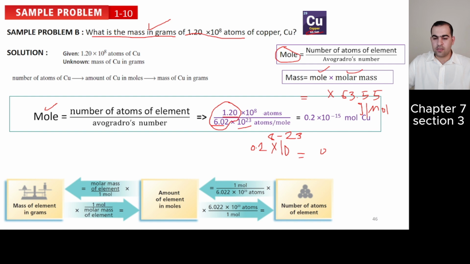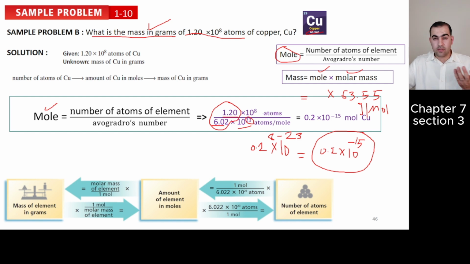So you take this, guys, you bring this up, it becomes negative. You have learned. So it equals 0.2 times 10 to the power negative 15. That's it. Okay?